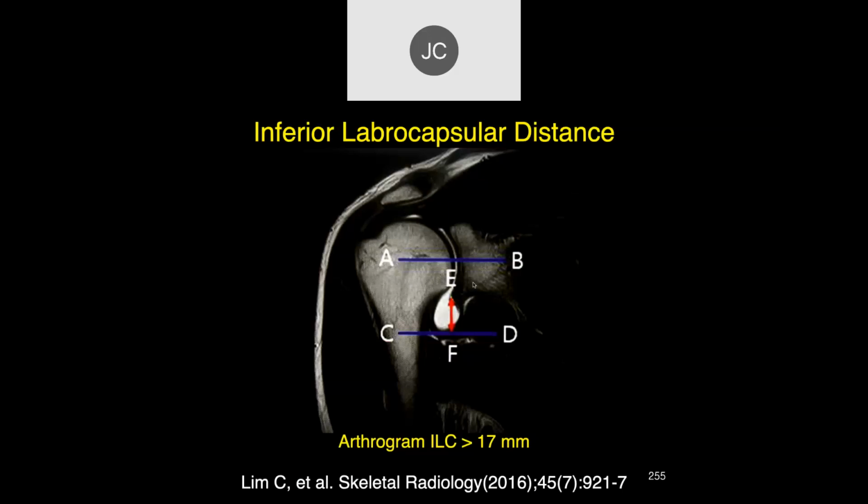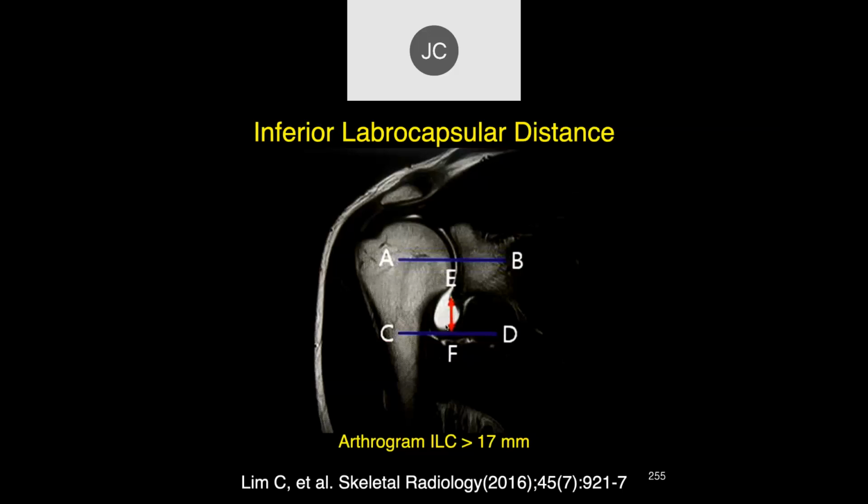This slide I told you was coming. One thing you can look for even in an arthrogram is the size of the inferior recess. This is a study in radiology where if this distance is greater than 17 millimeters, it means you have too large of a joint space and you're likely to be unstable because of capsular laxity.